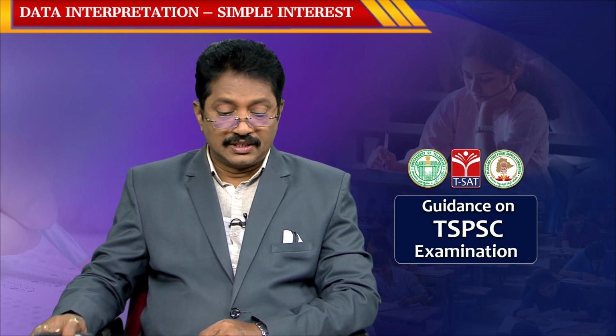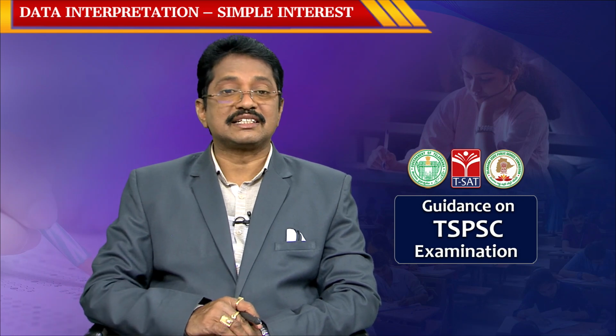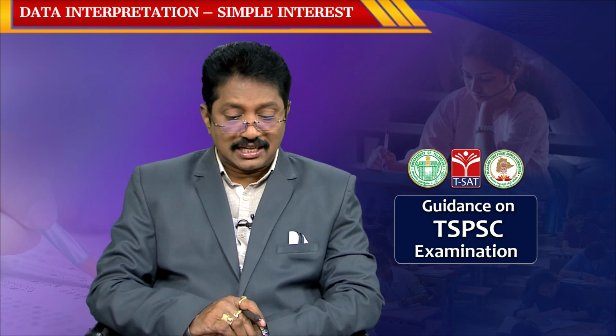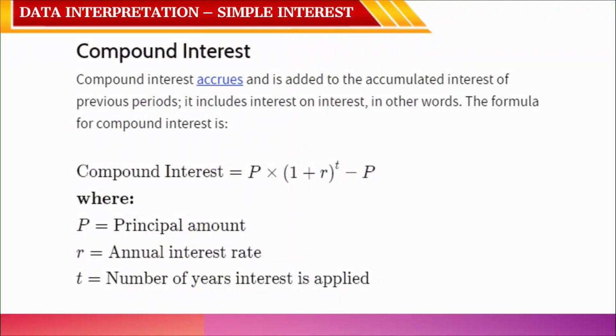Okay. Now, coming to the next kind of interest, compound interest. The compound interest accrues and is added to the accumulated interest of previous periods. It includes interest on interest.